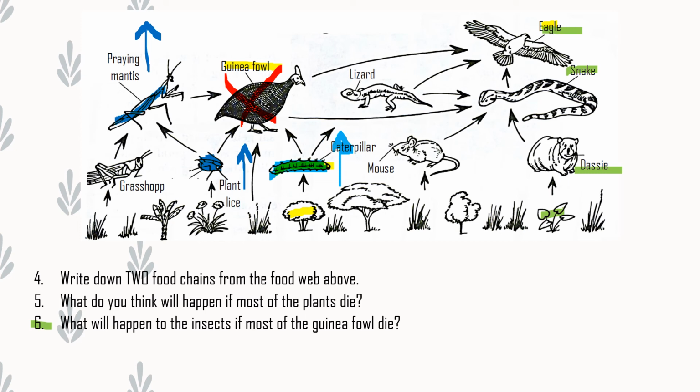But the grasshopper is eaten by the praying mantis. And if there are now more praying mantis, that will cause a drop in the grasshopper levels. So for this question, we would ask you specifically, the guinea fowls would die out. What would the effect be on the grasshoppers? And then you would have to explain your answer.